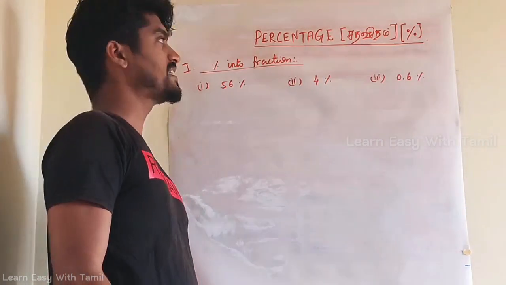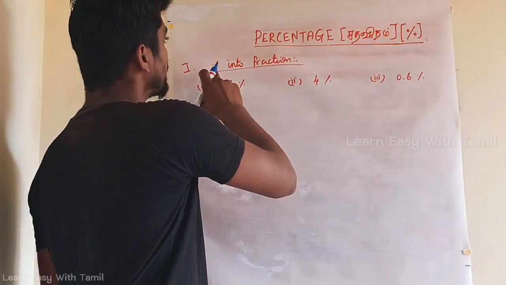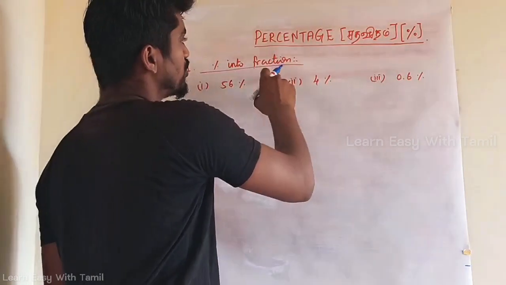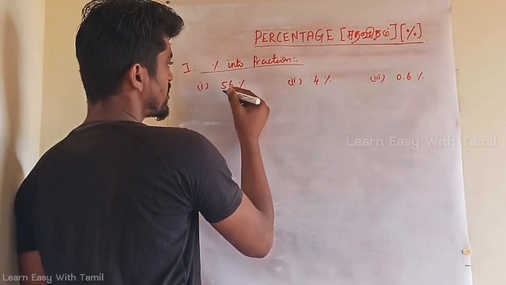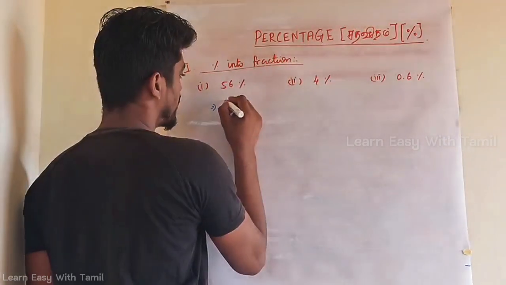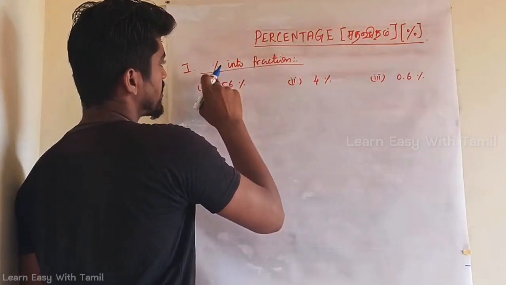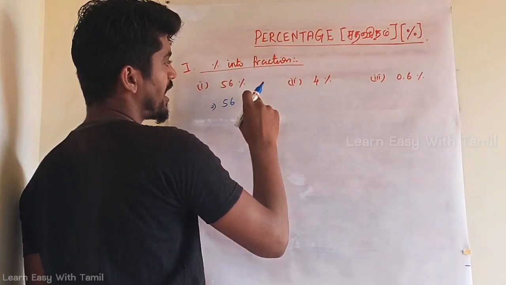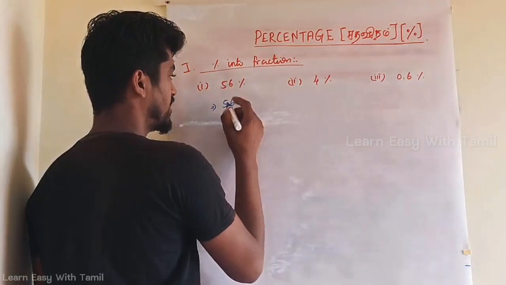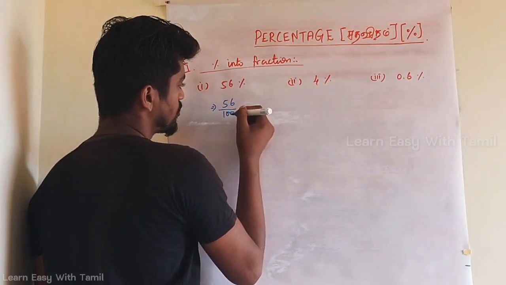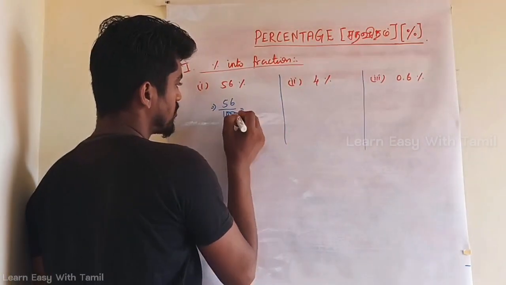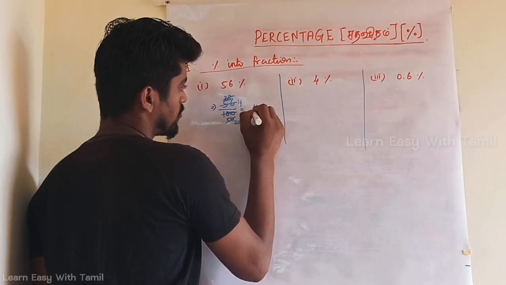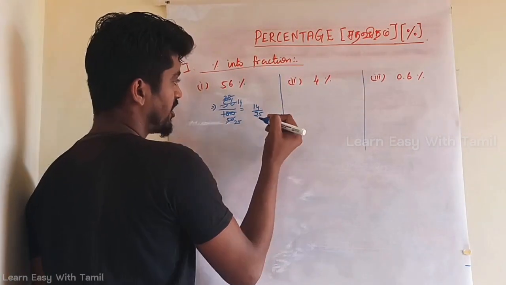Now we have to see some example sums in percentage into fraction conversion. The first example is 56 percentage, which is to be converted from percentage into fraction. We have to divide it by 100. So we have to simplify the values: 14 divided by 25.